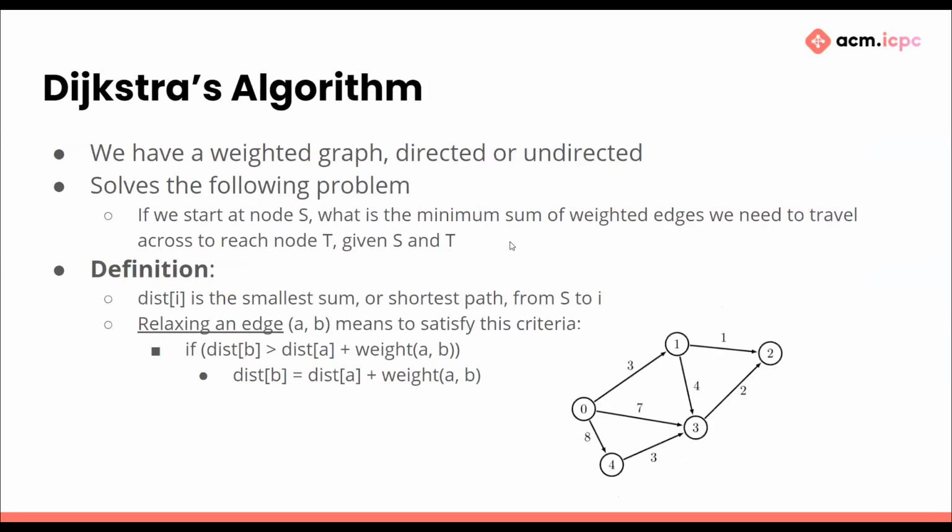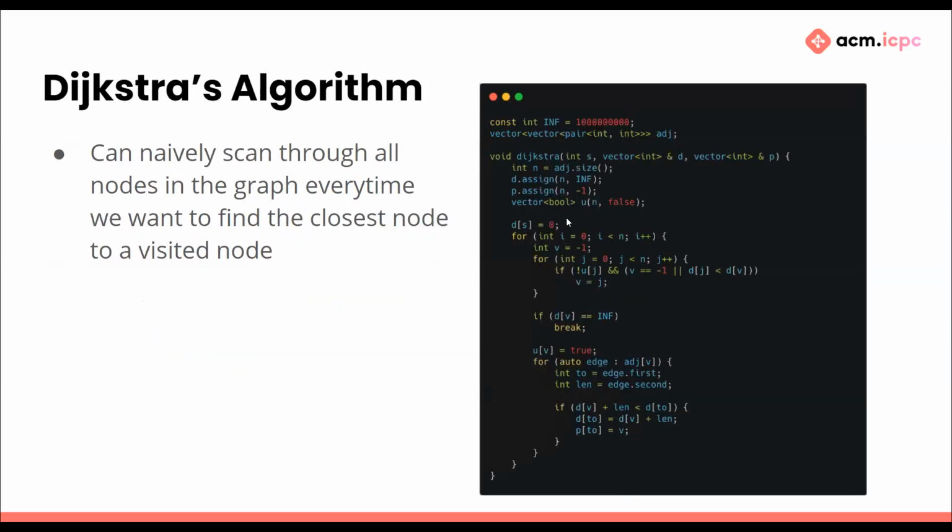So in this case, it's dist[i], and we check if that's the smallest. If it's the smallest, then we know that's the closest to some visited node, since we only relax nodes that are adjacent to a visited node. So that's how we know that if it has a distance, then it has to be a valid node for the next step.